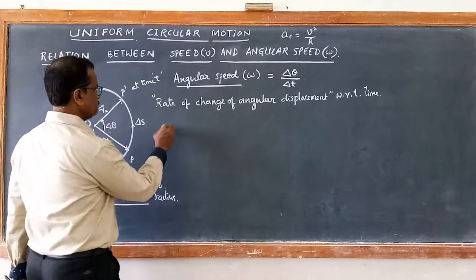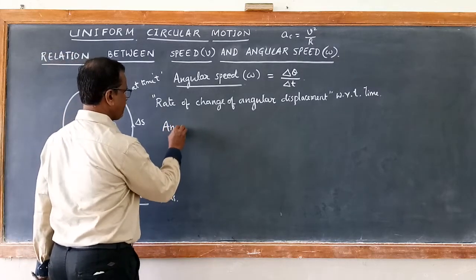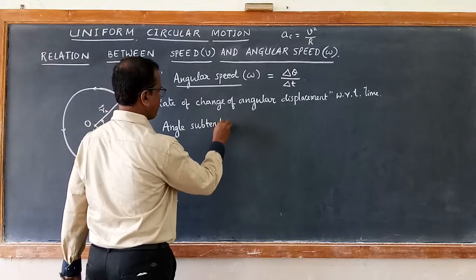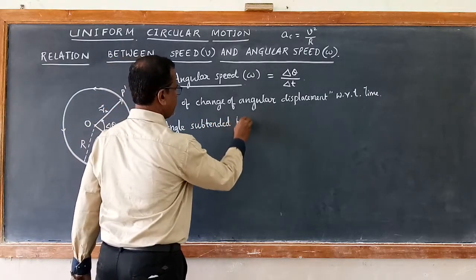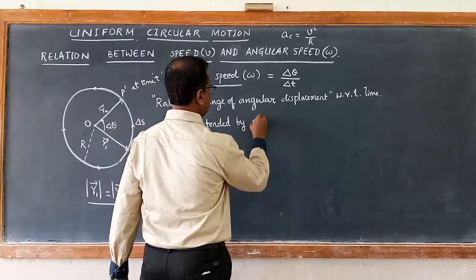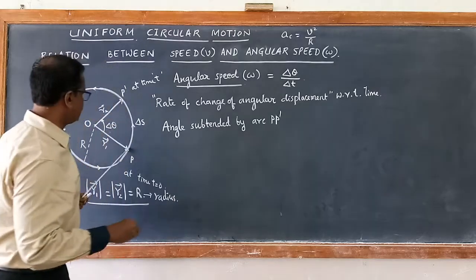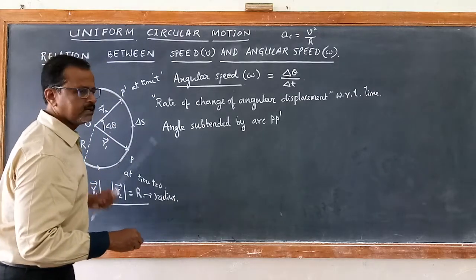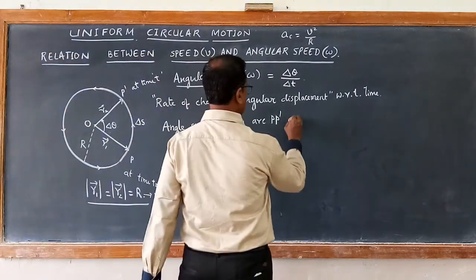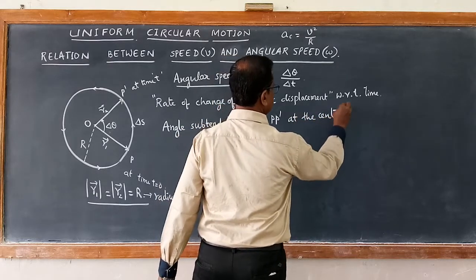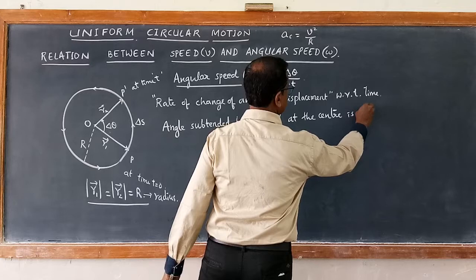The angle subtended by arc PP dash, which is equal to the distance covered delta s, at the center is delta theta.